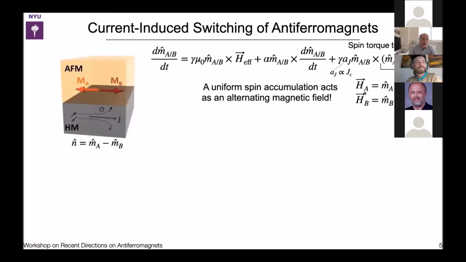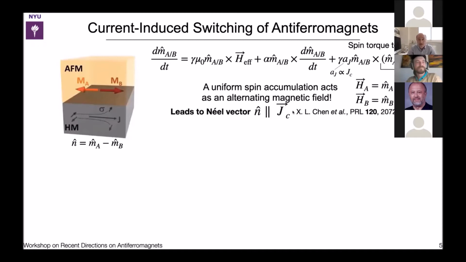So a uniform polarization, like you would generate with spin-orbit torques, can effectively lead to a staggered magnetic field, so it can couple on the atomic scale to the order. That's one of the interesting things.